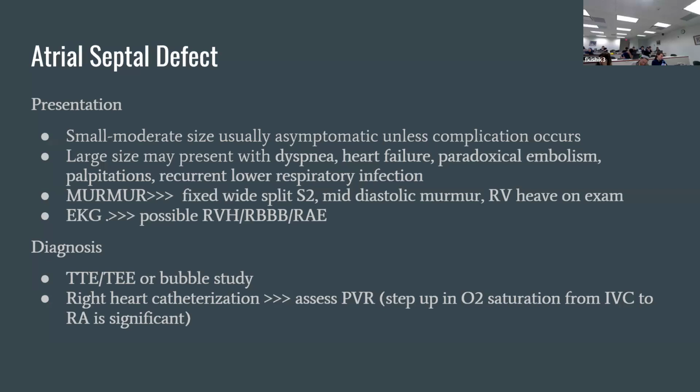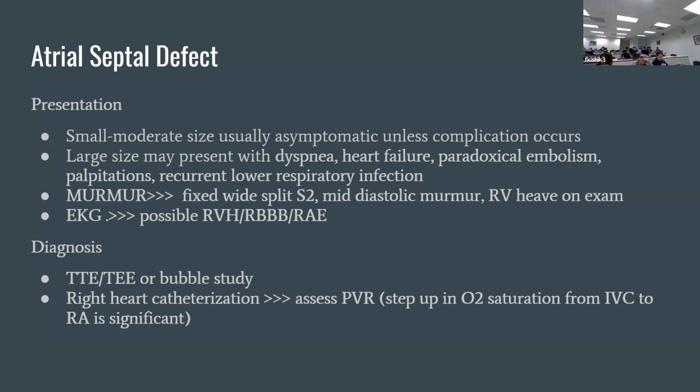The murmur, your board loves this murmur, is going to be a fixed wide split S2, a mid diastolic murmur, and they may have an RV heave on exam if they've had chronic changes in shunting to that side. The EKG is going to show possible RVH, right bundle branch block, and right atrial enlargement if there is chronic shunting to the right side.